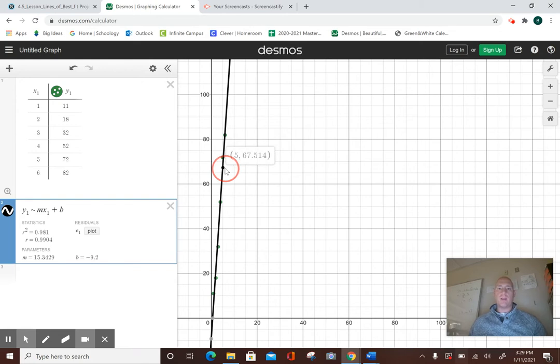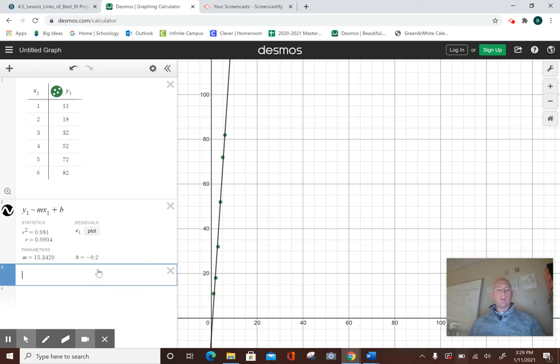Right here, 5 comma 67.5. So in the 5th week, we would assume we would get right around 67.5 inches of snow cumulative. Another way to do this, if you just want to be quicker, you can actually put in your equation and just plug right into your line.